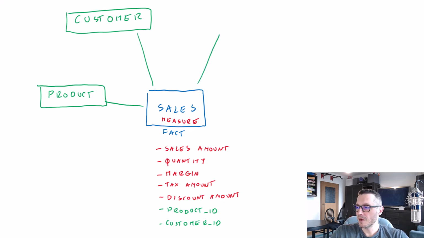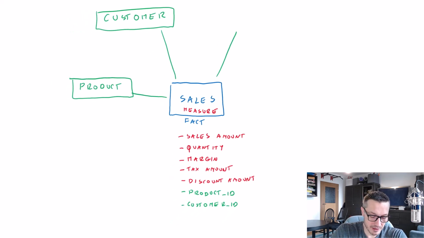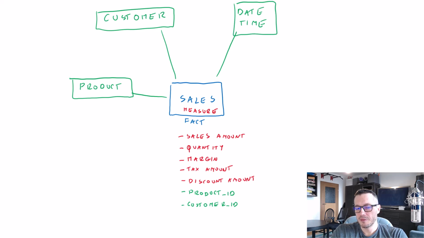Then we might think about various dates that we want to grab together with our sales. So for sure we would need a date time dimension. And from our sales point of view, you have to think, but what types of dates might you be interested in? For example, the obvious one would be a sale date, so basically when a given sale happened.